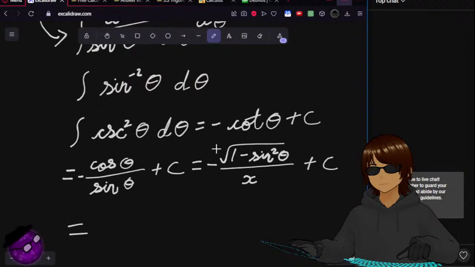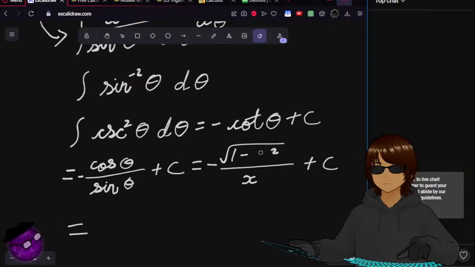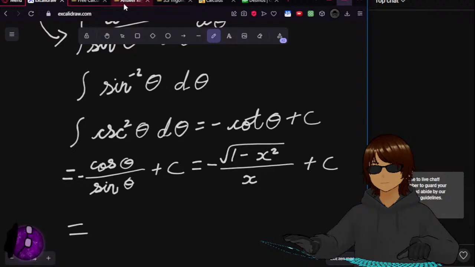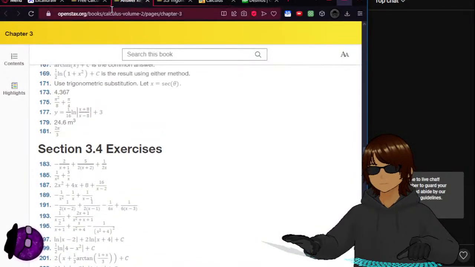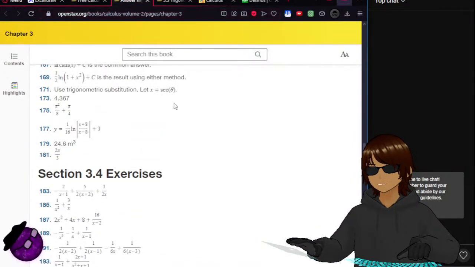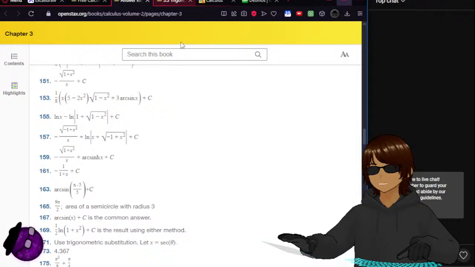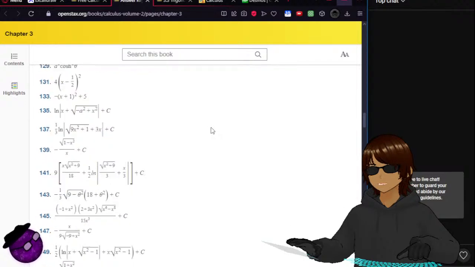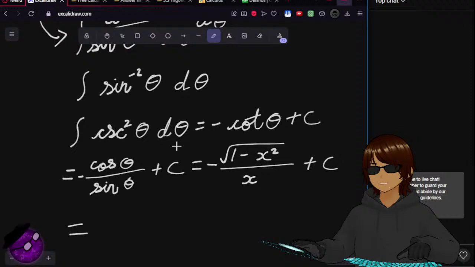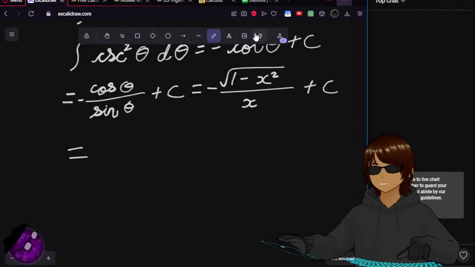And then this is x as well. So x squared... 1 minus x squared over x plus c. Yes, that's correct.